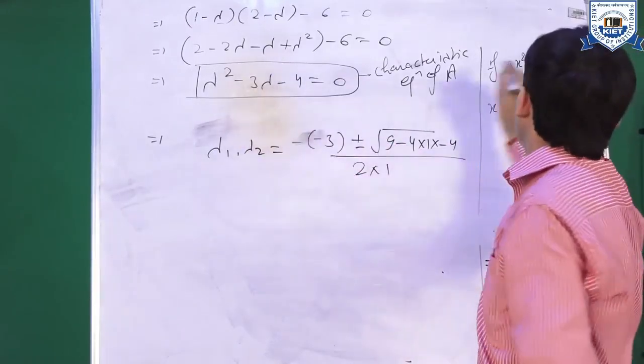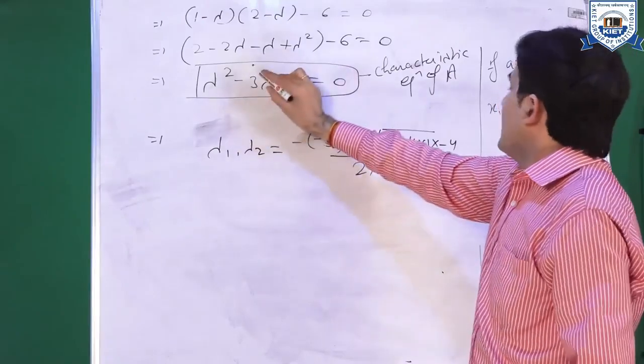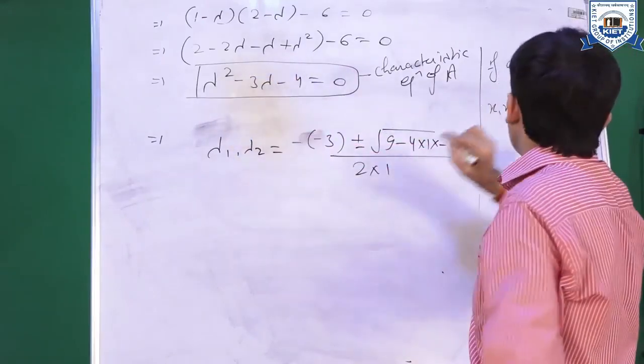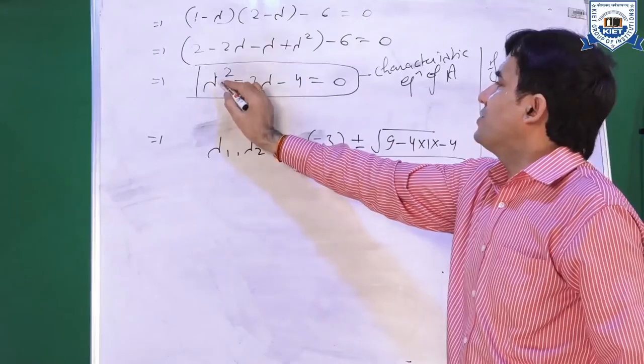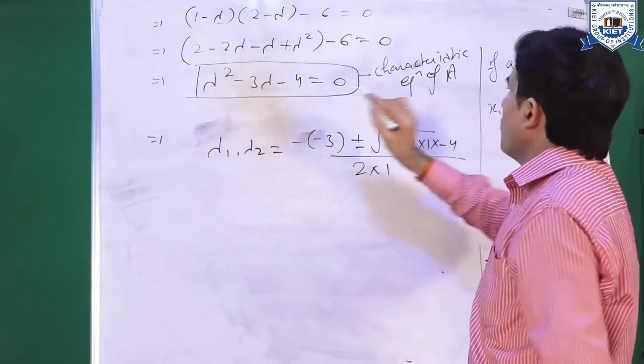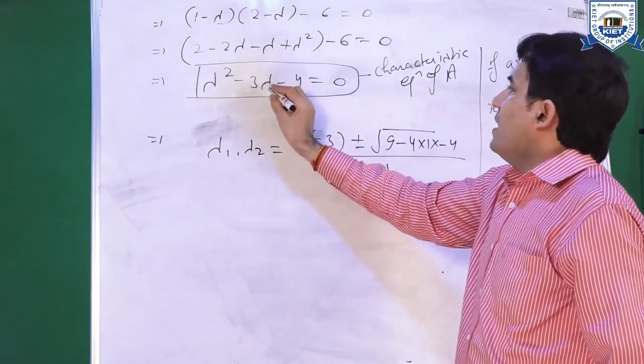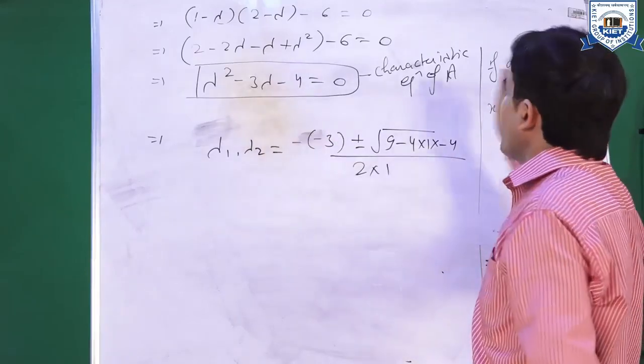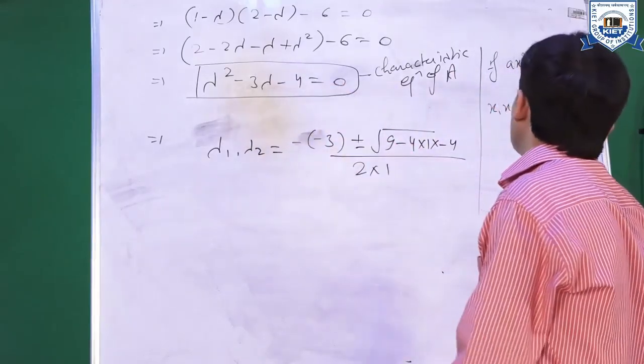Here in this equation, in place of x we have lambda. a is 1, the coefficient of lambda square, the coefficient of lambda is minus 3, and in place of c we have minus 4.